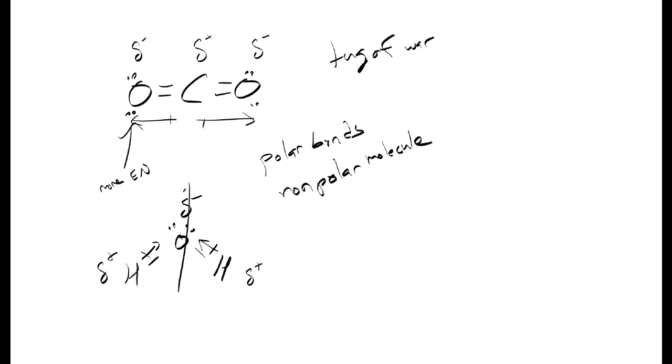So the overall molecule has a dipole moment, a polar molecule, because the symmetry has been broken. The two hydrogens are both on one side of the oxygen. So that's how you determine whether a molecule is polar or not: you look for broken symmetry.